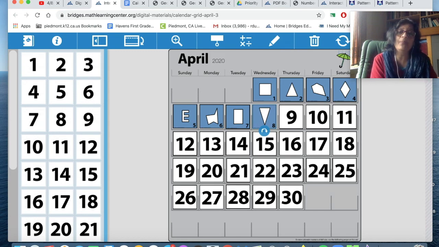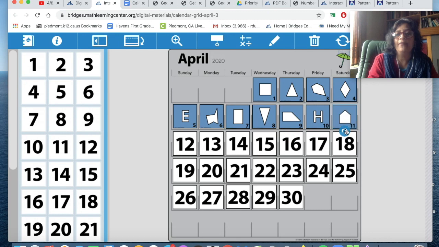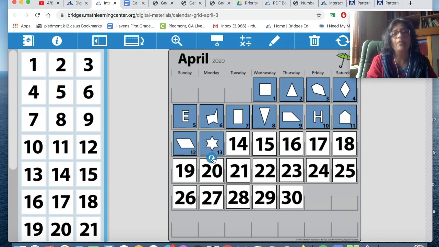Will it fold into 2 parts or 4 equal parts, or will it not fold? And then you have to say whether it's symmetrical or not symmetrical. Now, some triangles can be symmetrical, but some triangles may not be symmetrical. So just think about whether this one is or not. Okay, and we have for number 9, for number 10, for number 11, for number 12, and for number 13.